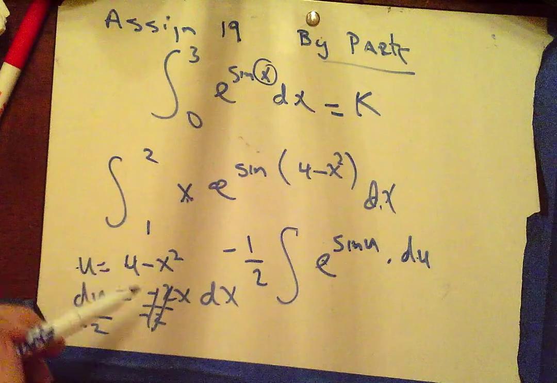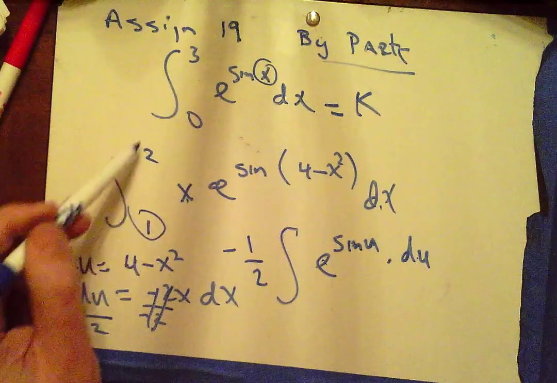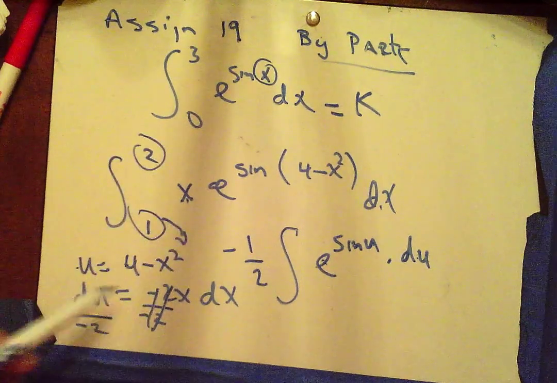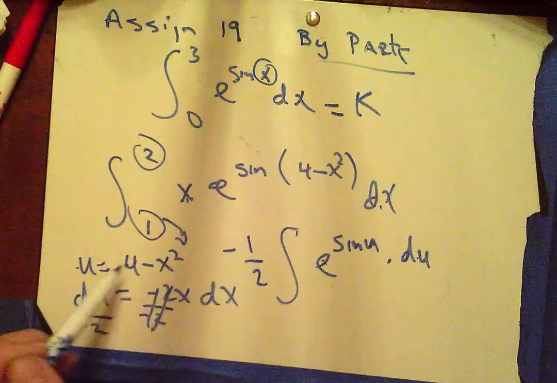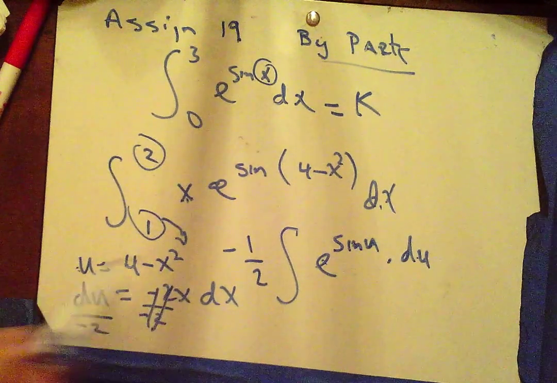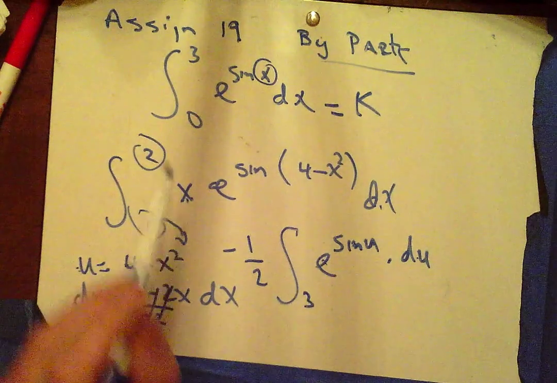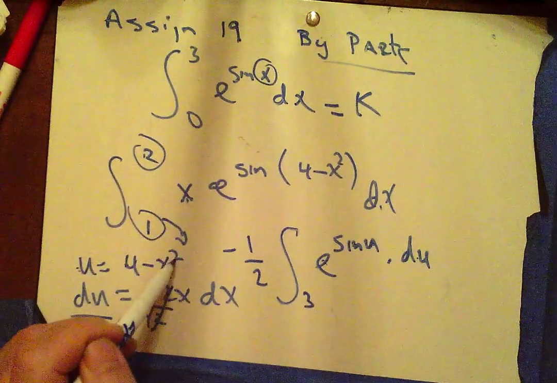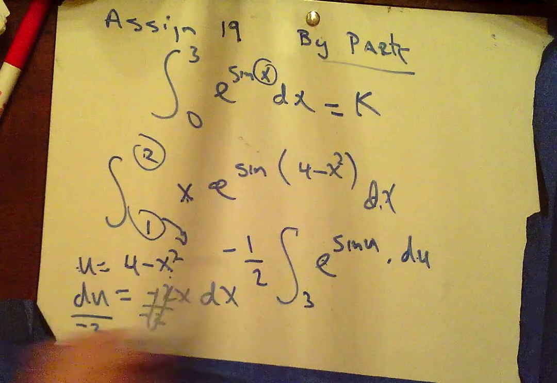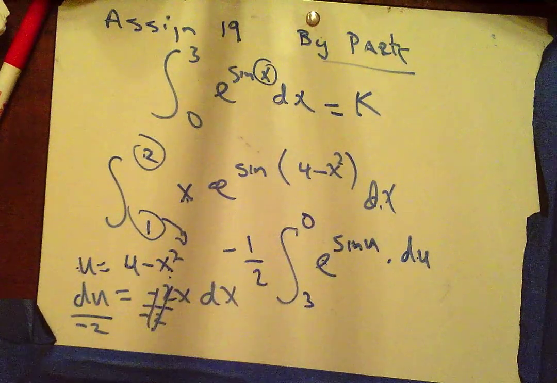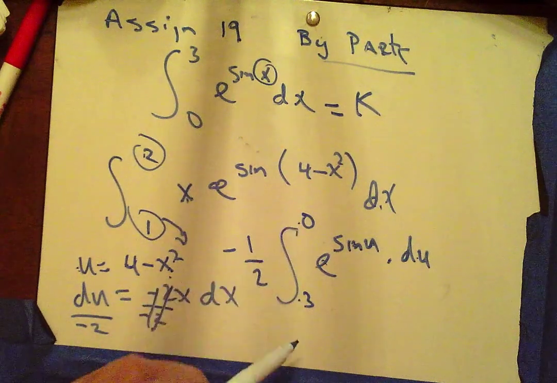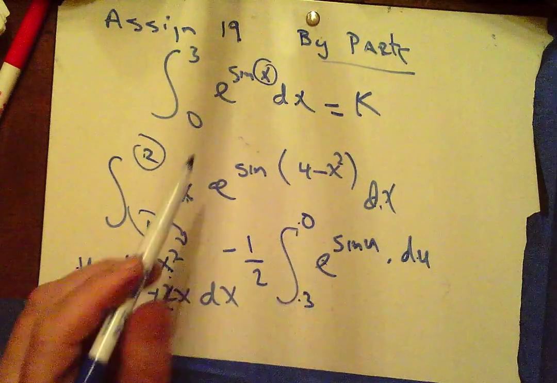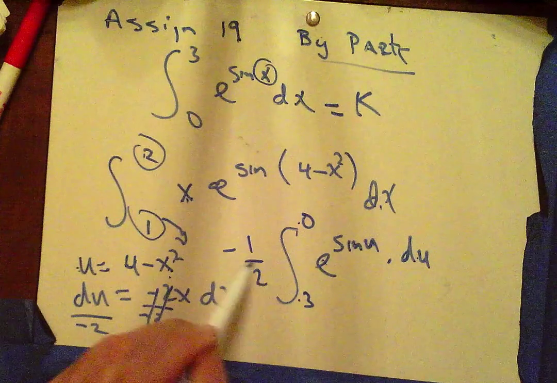The way we find those u bounds is to take these x bounds and plug them into x and find out what u turns out to be. So 1 squared is 1, 4 minus 1 is 3. And if I plug a 2 in here, 2 squared is 4, 4 minus 4 is 0. Well, I generally like the smaller number on the bottom and the bigger one on top, and I can flip those bounds provided I pull out another negative.